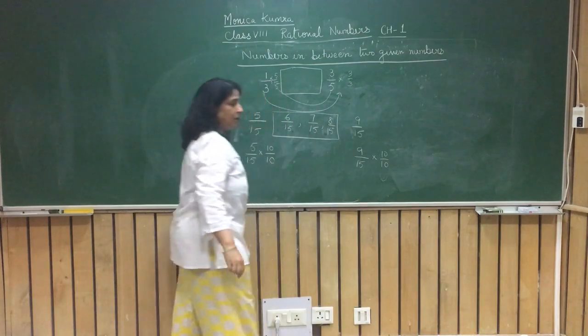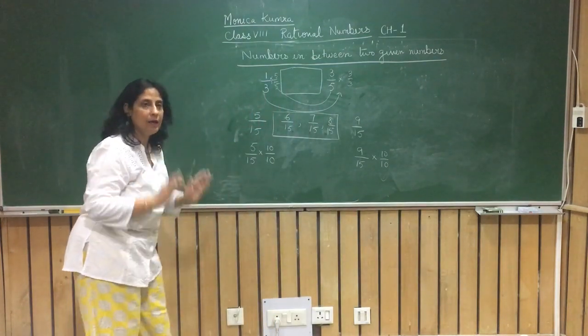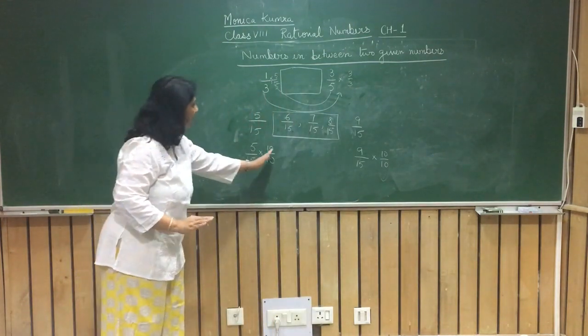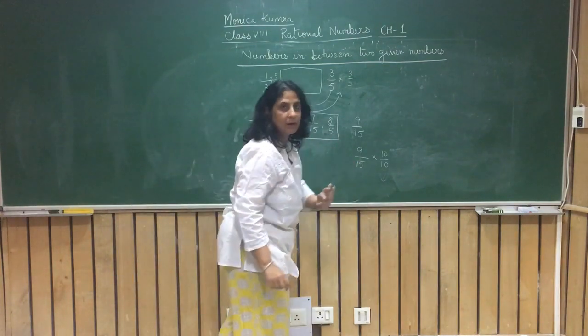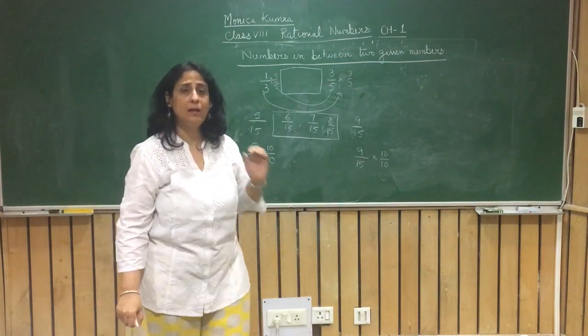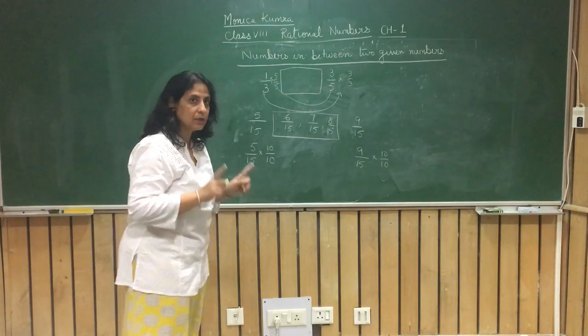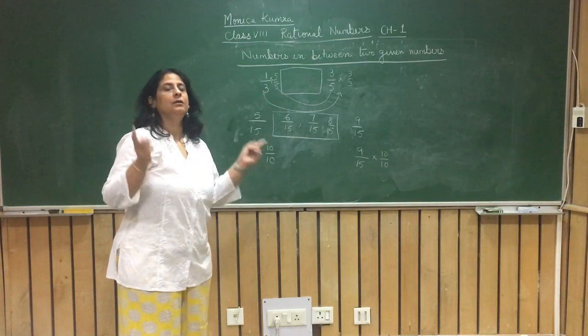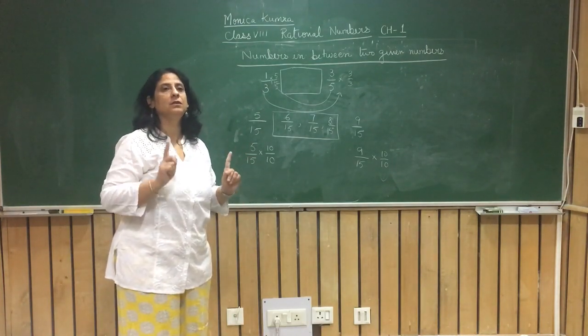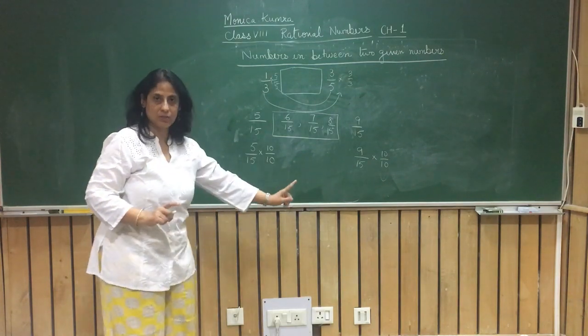You can multiply by any number, by 2 by 2, by 3 by 3, by 4 by 4, by any number, so that the denominator remains the same in both the fractions.